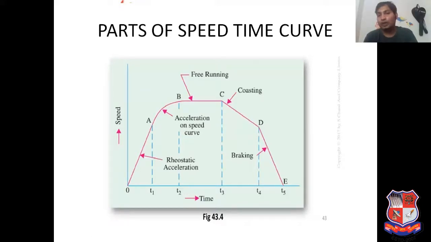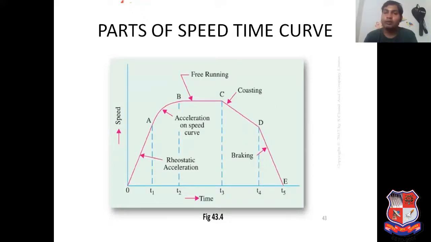But suppose destination is near and the driver is aware that train is having sufficient momentum and it can travel itself up to some distance, so he will cut the power supply.